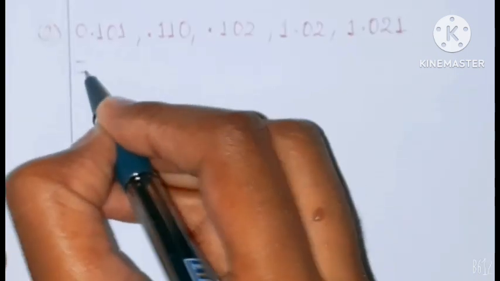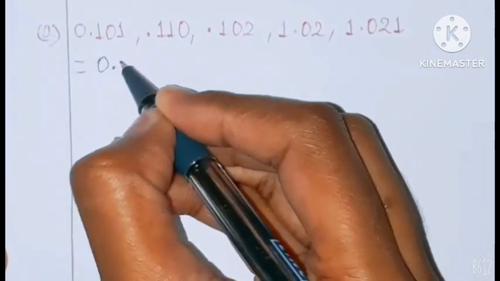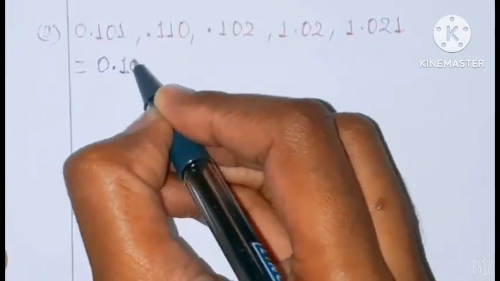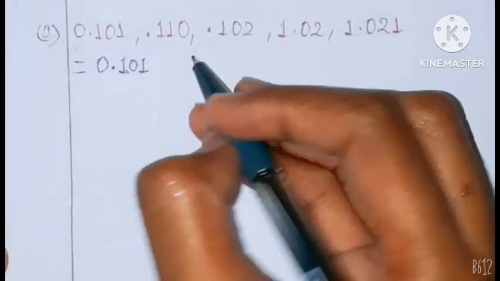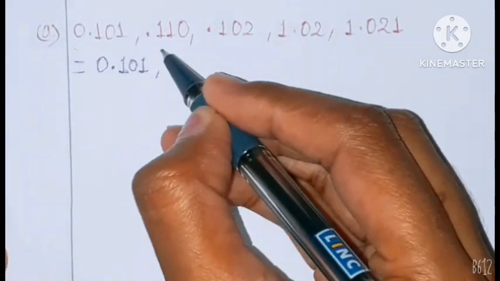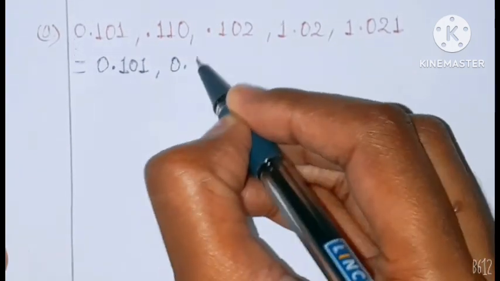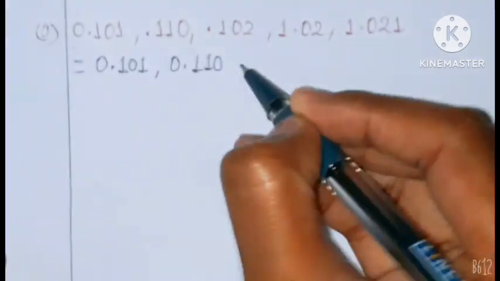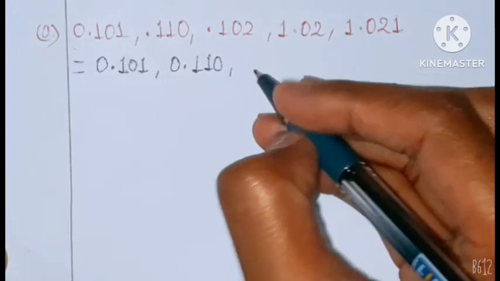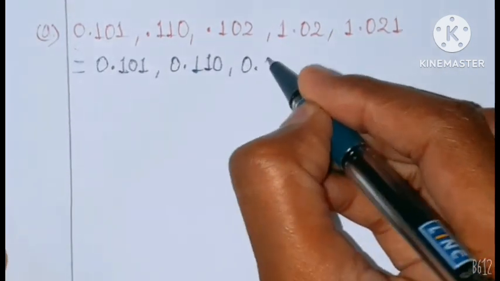Here you can see how we will change it: we will put 0 where the place is empty. Here before the decimal nothing is given, so we can put 0. Here also before the decimal nothing is given, so we can put 0.